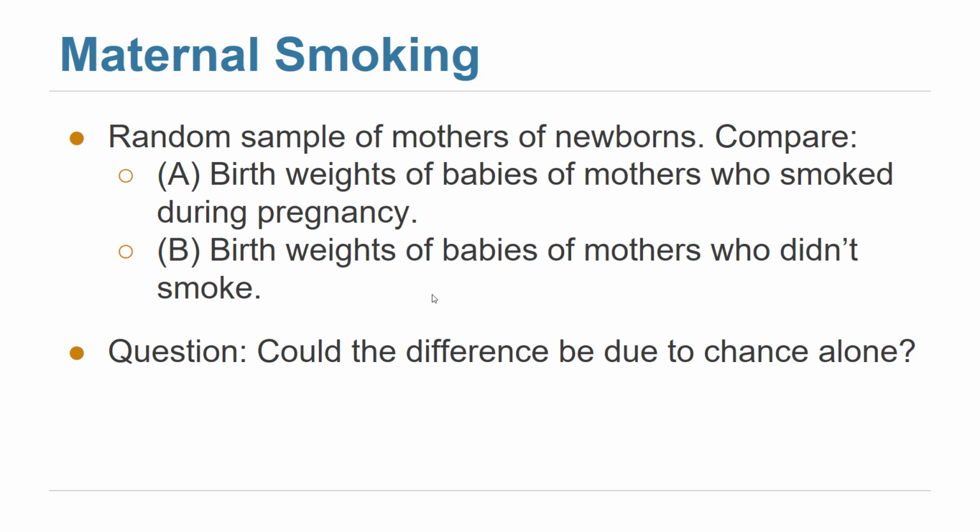When we see the data, we'll see that in fact there is a noticeable difference between the average weight of the babies born to smoking mothers and the average weight of babies born to mothers who were not smoking. So the question is whether this difference is just due to chance alone, or there is another reason or another factor that affected the weight of the babies.